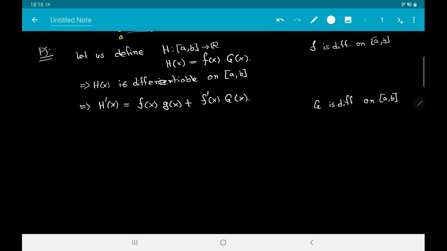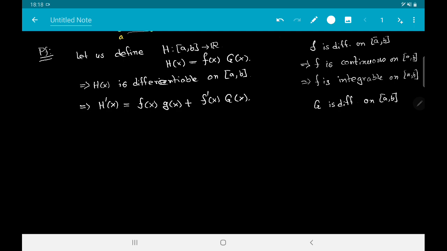Okay, fair enough. Now we know that f is differentiable on ab. That means f has to be continuous on ab as well. And we know that continuous functions are integrable. So f is integrable on ab.